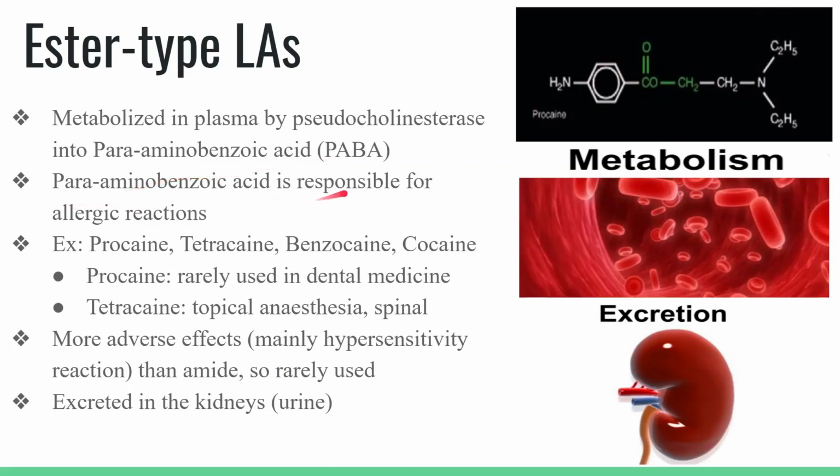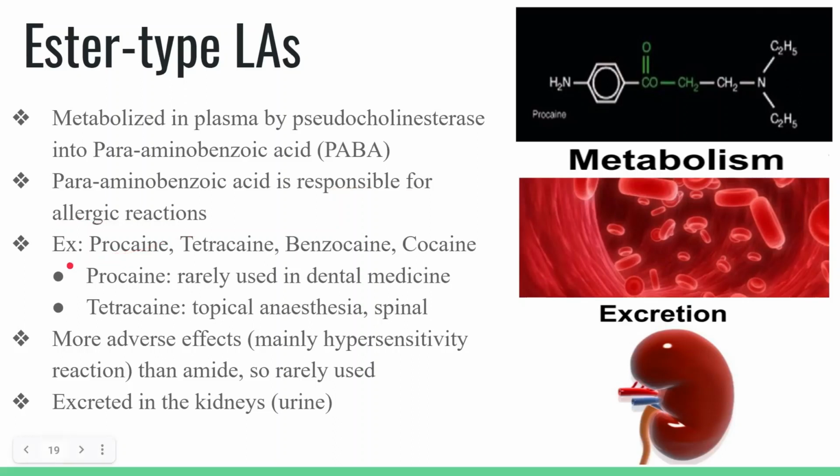Para-aminobenzoic acid is responsible for allergic reactions in many people. Many patients are allergic to para-aminobenzoic acid, so when we give them an ester type local anesthetic, they are going to have a severe hypersensitivity reaction to the drug because of this para-aminobenzoic acid. Okay? It's responsible for allergic reactions.